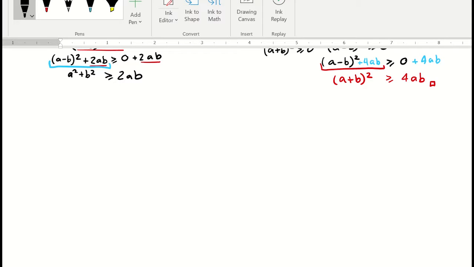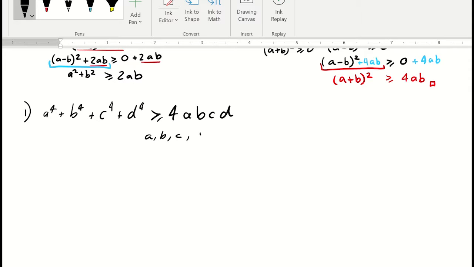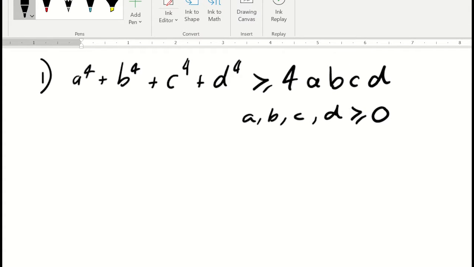Okay, now given those two, let's have a go at some example questions. Let's say that we want to show that a to the 4 plus b to the 4 plus c to the 4 plus d to the 4 is bigger than or equal to 4abcd. And I'm going to add in that a, b, c, and d are all bigger than or equal to 0. All right, let's have a look at this. Straight away, I would be thinking about what this looks like.